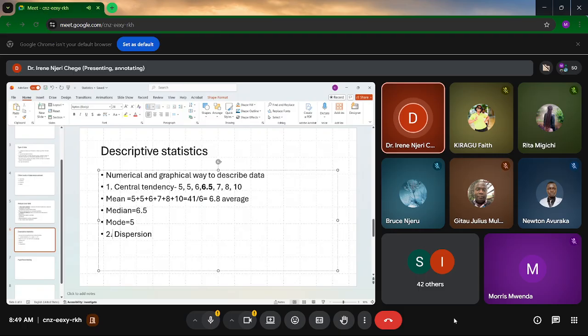Give me 1 minute, I'll get you proper diagrams from somewhere. I can't find my notes.